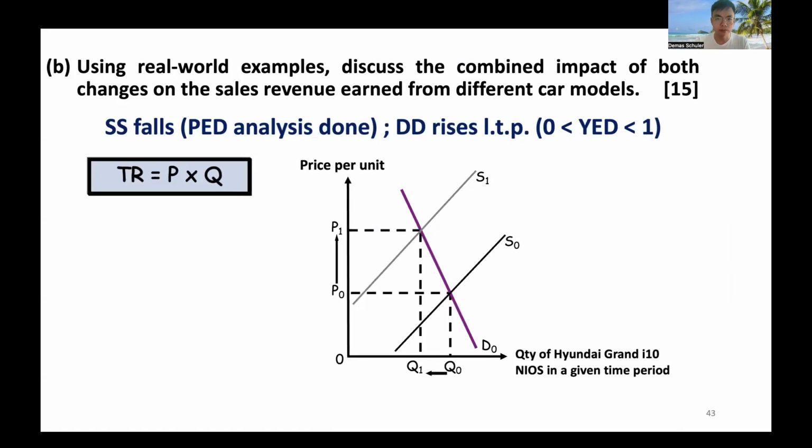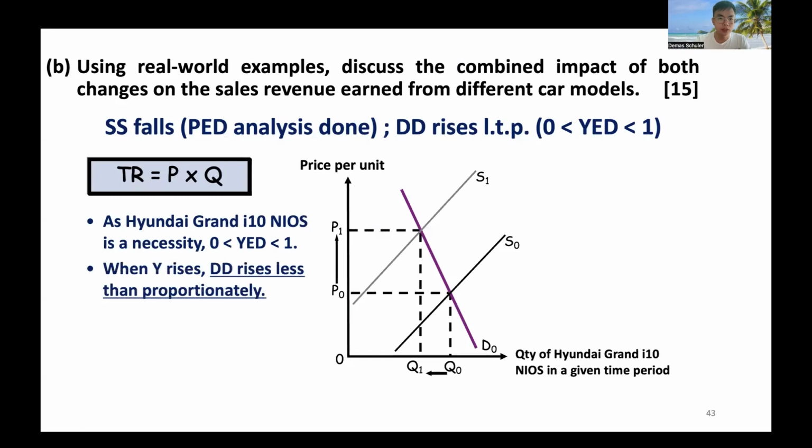Okay, so this was justified earlier in part A. So when income rises, demand rises less than proportionately, right? So demand curve shifts to the right.